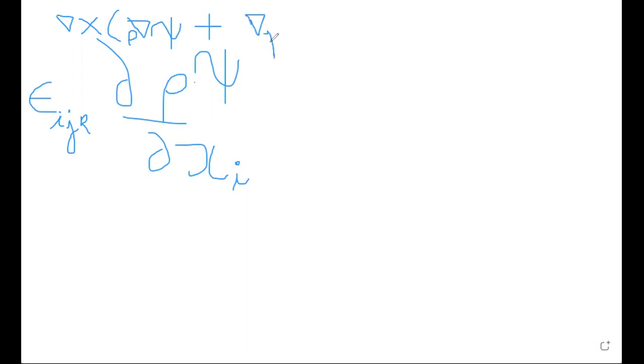Actually, it's not so bad, this drawing thing. It's a little bit ugly, but you can read it, right? So this is what I mean by the curl. I take grad cross some quantity that I'm taking the curl of.